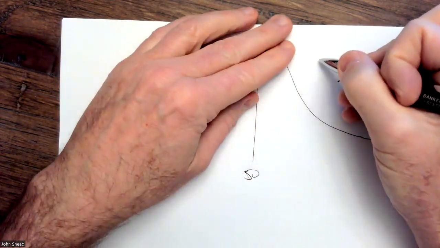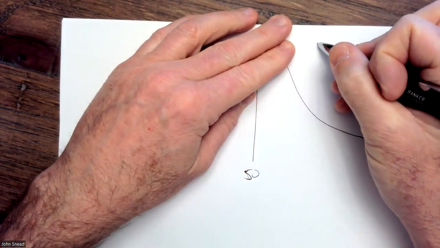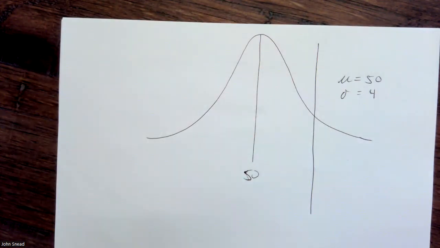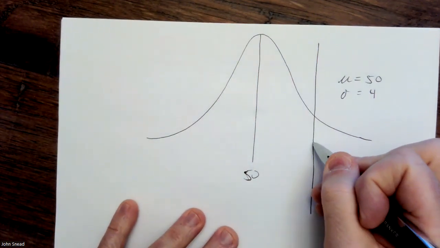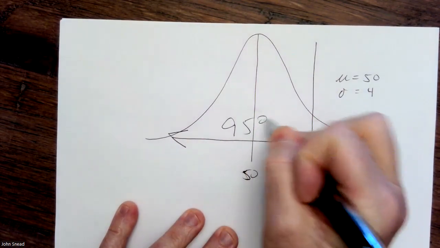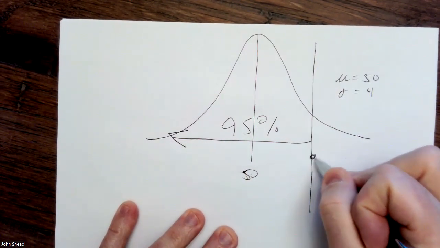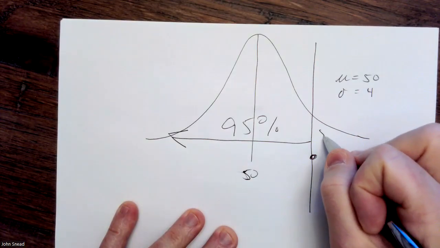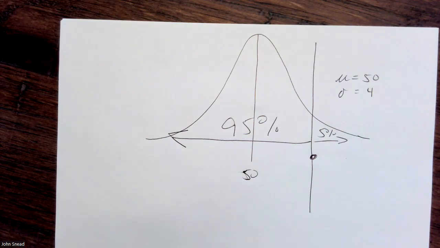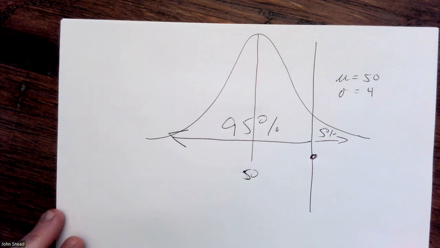So essentially we want to find a value here that will create a situation whereby 95% of the observations fall below it, and that means that 5% would fall above this particular value. We can do that by going to our same z equation.